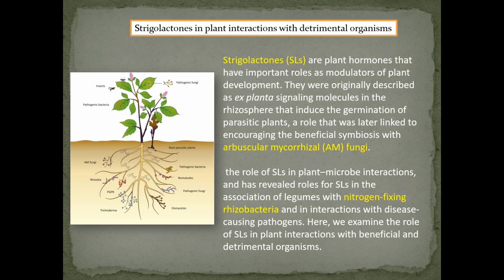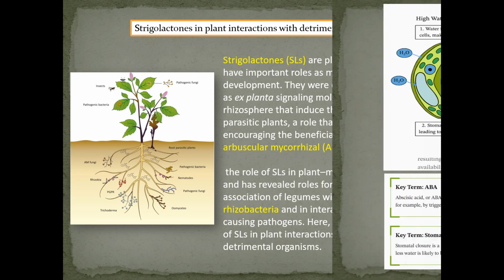The role of strigolactone in plant-microbe interactions has revealed its role in the association of legumes with nitrogen-fixing rhizosphere bacteria, and in interactions with disease-causing pathogens, with both beneficial and detrimental organisms.